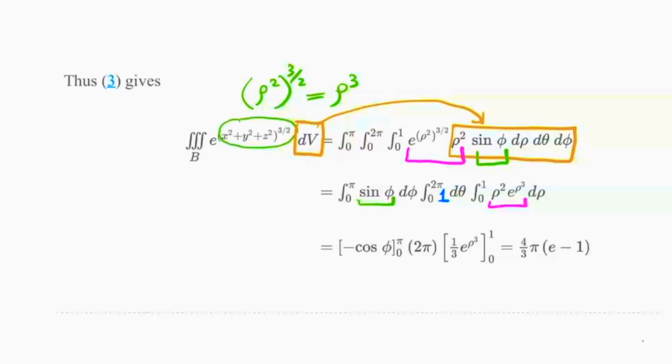Finally, times the integral of this function of rho from 0 to 1. So we can break this triple integral as the product of the integral with respect to phi, the second one with respect to theta, and the last one with respect to rho. Taking the antiderivative and evaluating, we got this result.